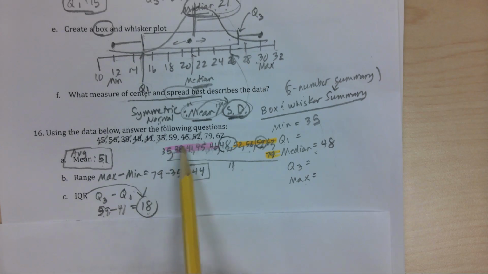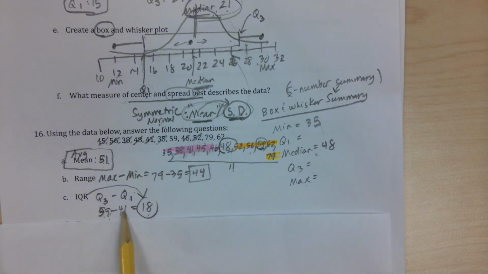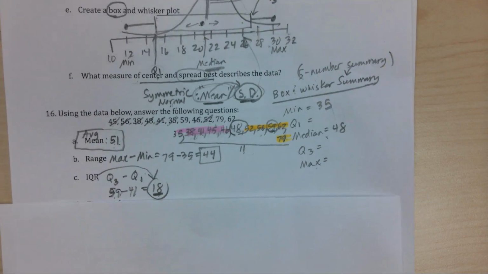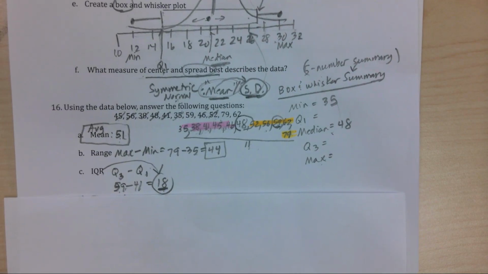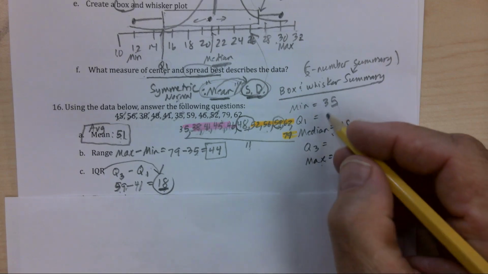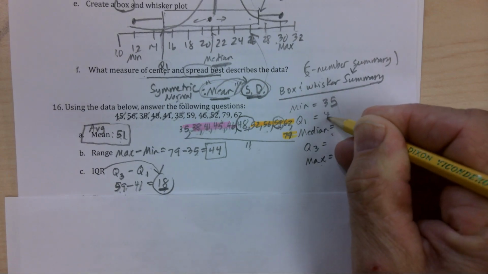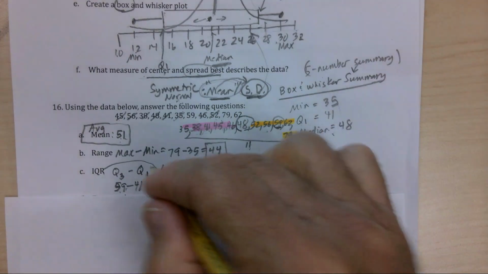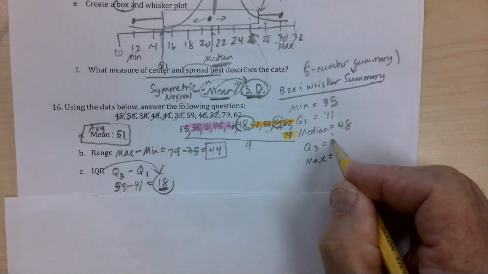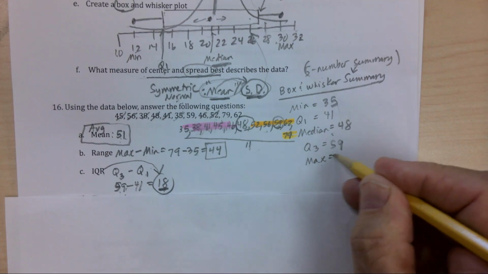Well, 1, 2, 3, 4, 5. Middle one's 41. Subtract that, and I get this number that has value once you get into the deep truths of statistics, which we're not really doing. So Q1 is 41. Now it's just a formula, basically. Q3 is 59, and the maximum number is 79.